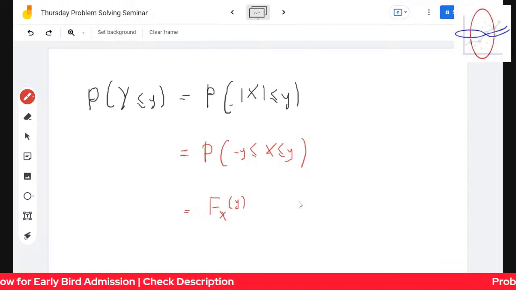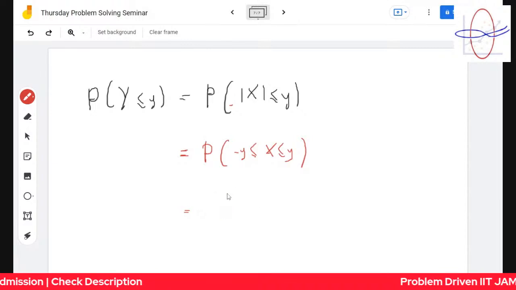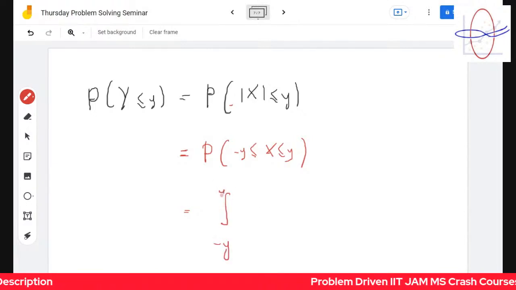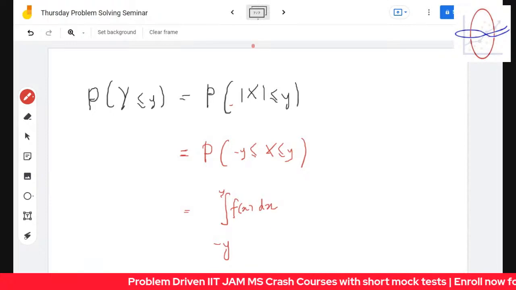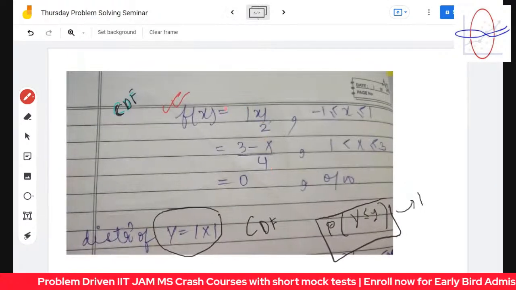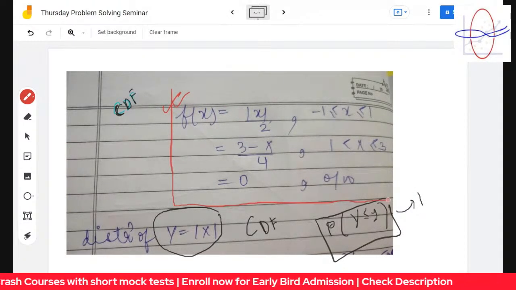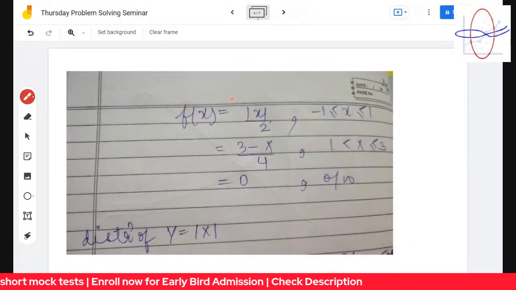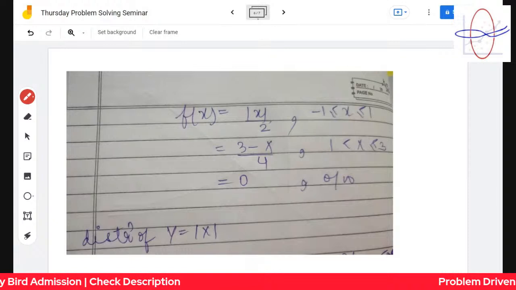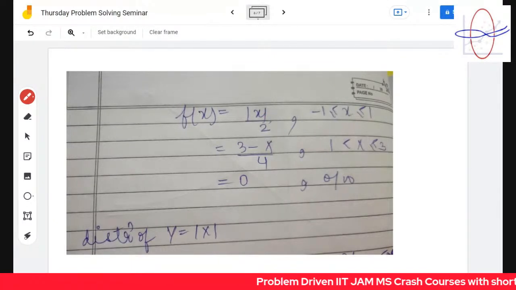Also, you can do it in terms of this integration of minus y to y of f_X(x) dx because that's the information you have. Now, the issue is that this is defined for different values. This is the only problem. It's defined for various values.